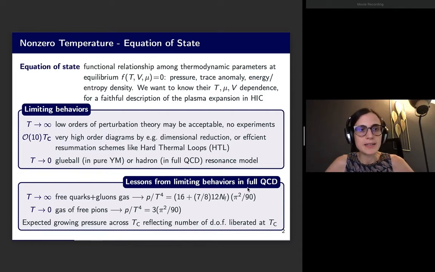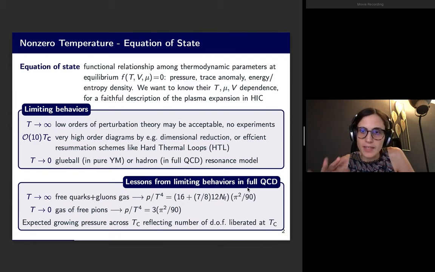In particular, in the limit in which the temperature is sent to infinity, low orders of perturbation theory may give a reasonable answer, but there, of course, we have no experiments that can possibly reach such high temperatures in order to confirm the guess made on the basis of perturbation theory.